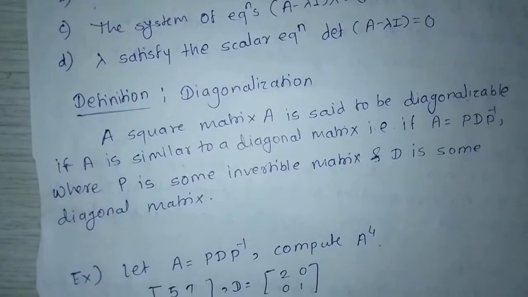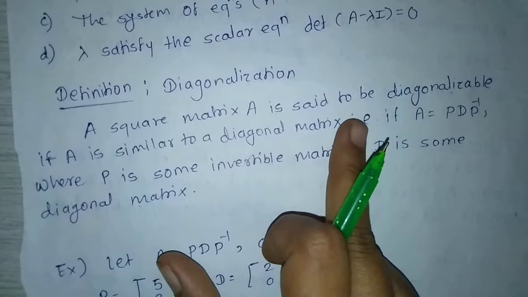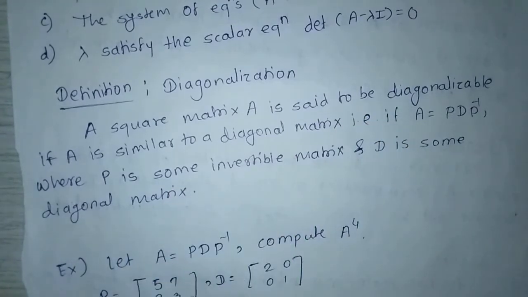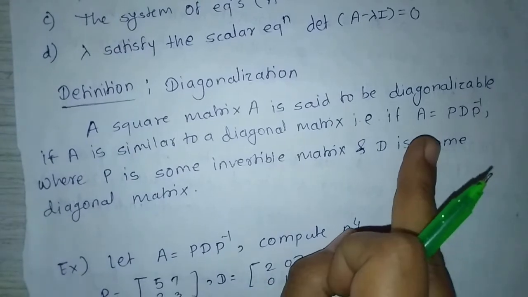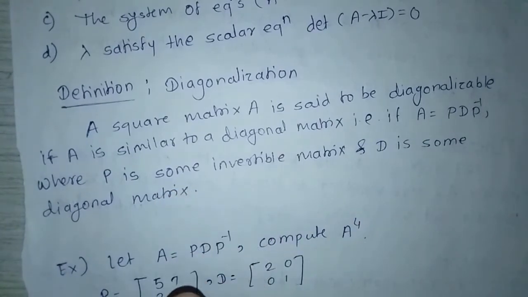Next definition, diagonalization. A square matrix A is said to be diagonalizable if A is similar to a diagonal matrix. That is, if A equals P D P inverse, where P is some invertible matrix and D is some diagonal matrix.